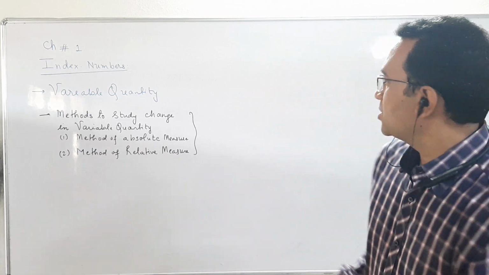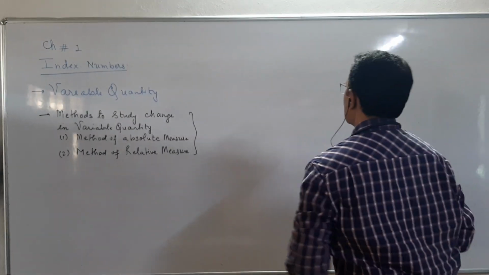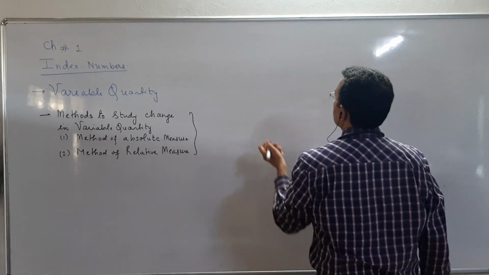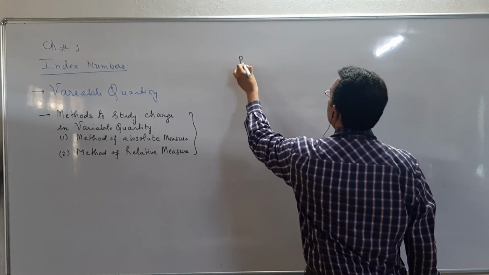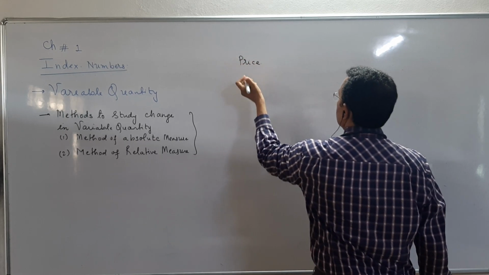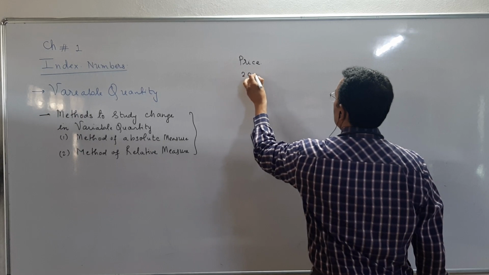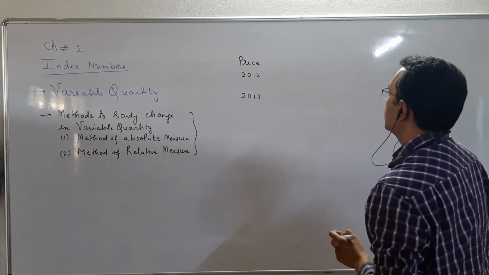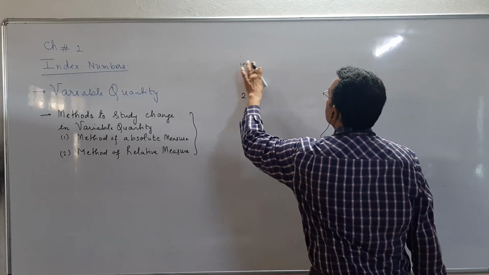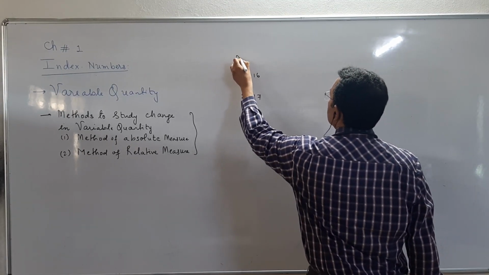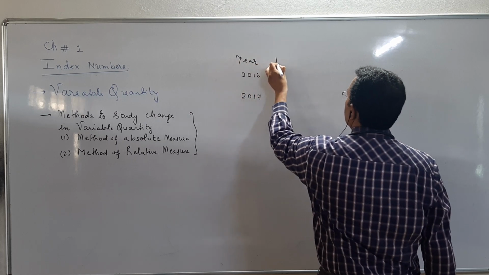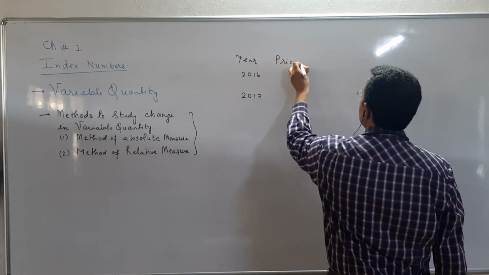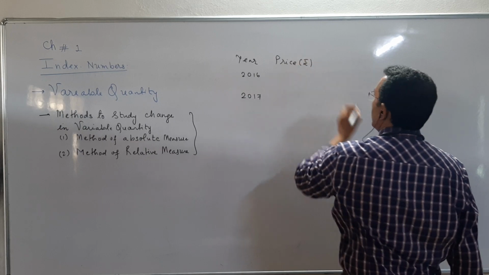Now, say, students, we have a variable quantity which is the price of petrol, the price in the year 2016 and in the year 2017. Let us say that these are the 2 years, and my variable quantity is the price in rupees of petrol.